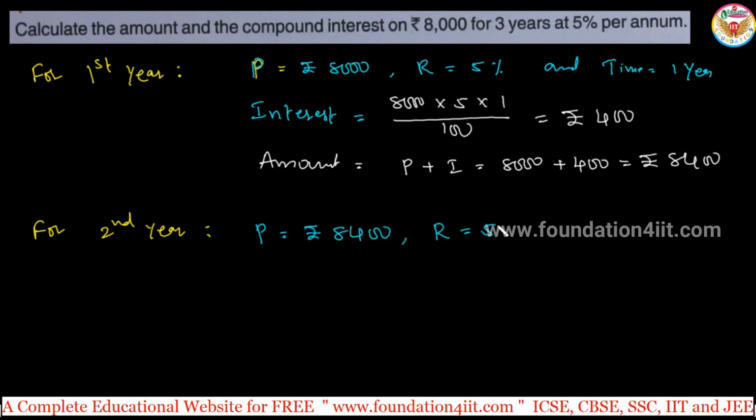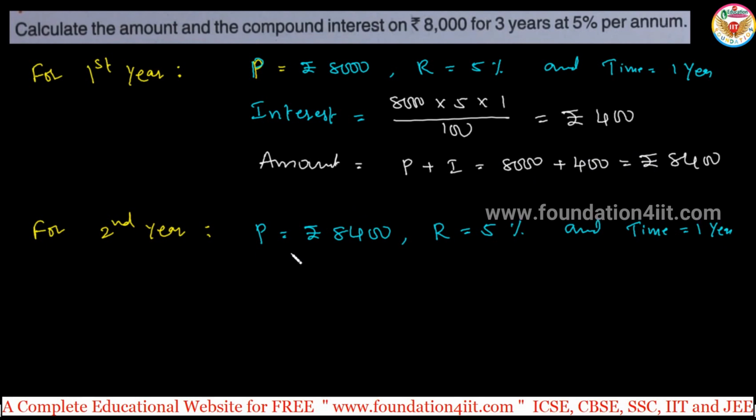Again rate of interest is same 5%, and time is also 1 year only, because the second year, not two, second complete 1 year. That's why time is 1 year. Only the difference is first year amount becomes second year principal. Right. Now we can calculate the interest for the second year. So as per the rule here, interest is PRT by 100.